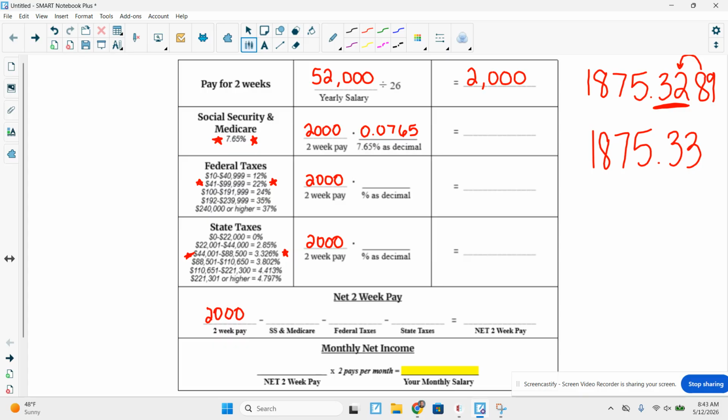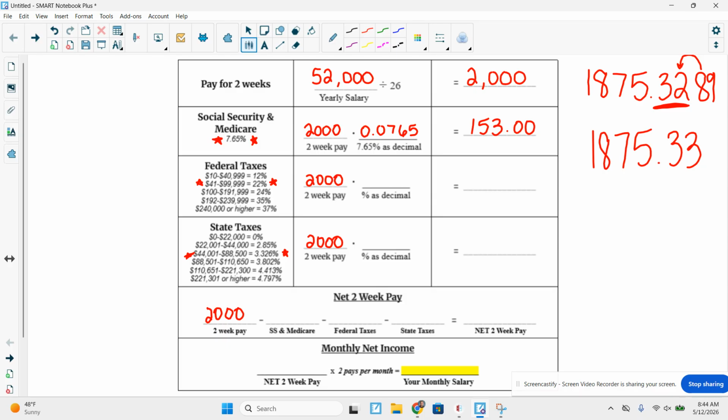Right. So you're now going to multiply these two numbers. You do your own numbers. That comes out nice for me. $153.80.